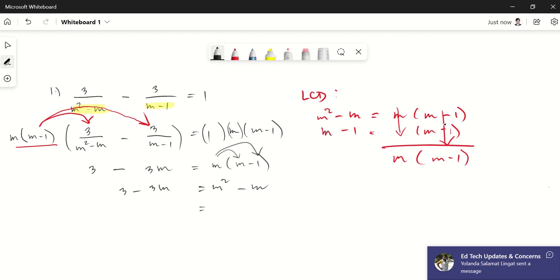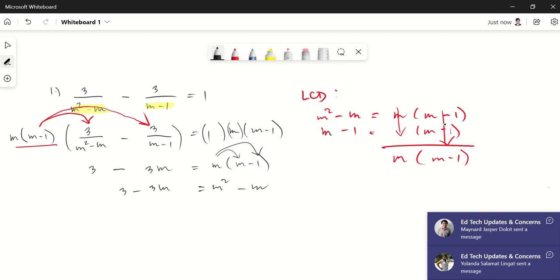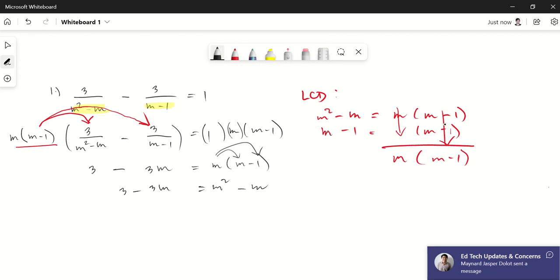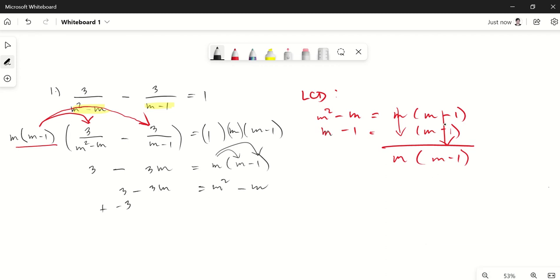In my case, I would like to put everything on the right-hand side. So that means I have to add the additive inverse of the 3 and the additive inverse of the negative 3m, which is positive 3m.